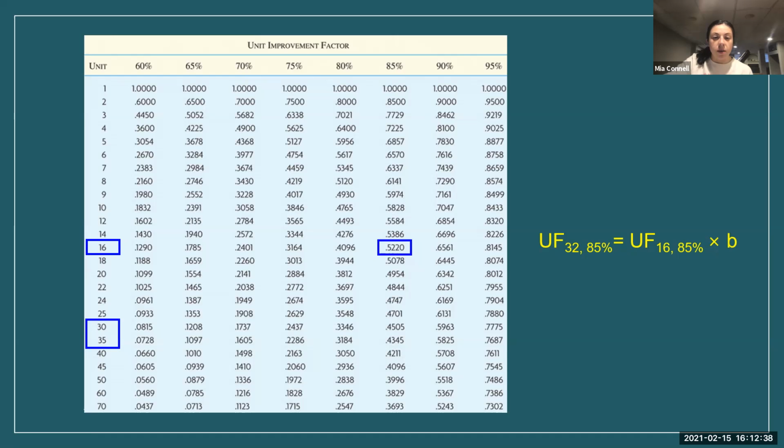Yes. If you find the learning percentage, then use that learning percentage again and again.